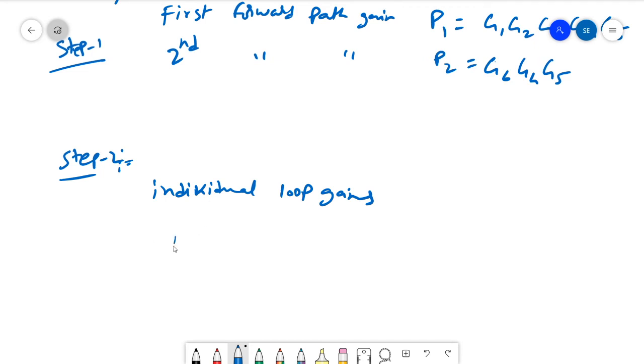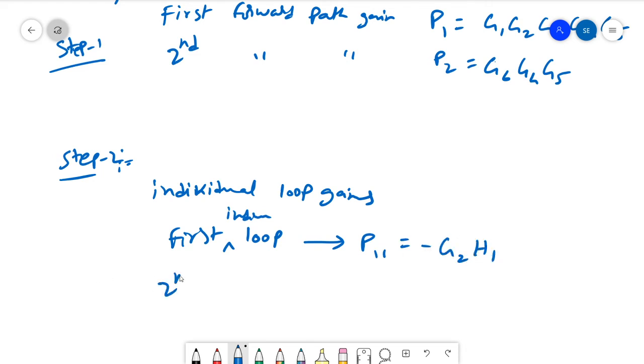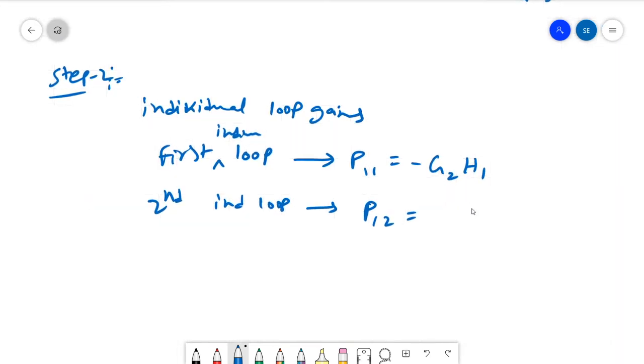First individual loop, P11 is equal to minus G2 into H1. Second individual loop, P12 is equal to, what is P12?